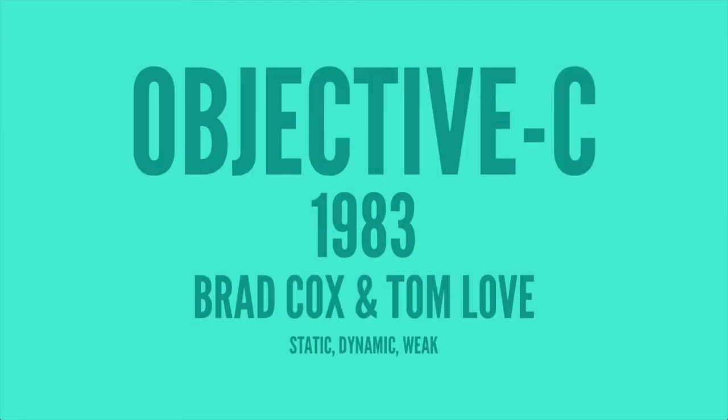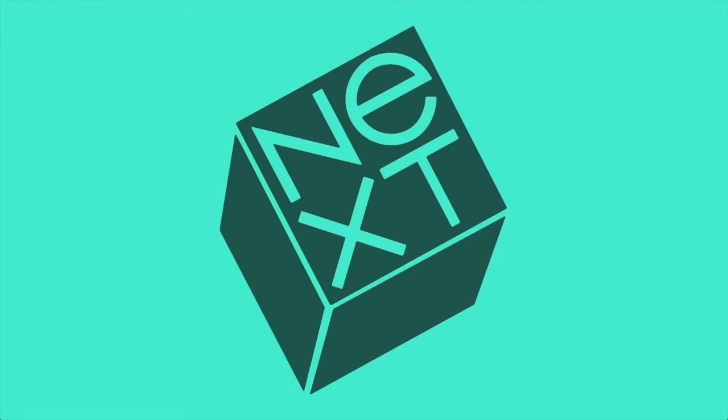Objective-C came about ten years later, invented by Brad Cox and Tom Love. If you look it up on Wikipedia, the descriptors they use are static, dynamic, and weak, which is tough because that means literally nothing. Those three descriptors don't really mean anything in the discussion of computer languages. Anyway, it came out of NeXT.